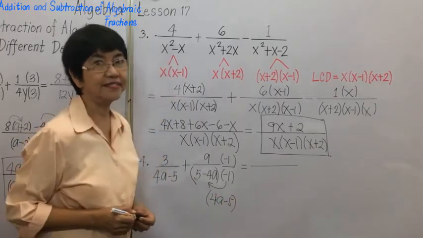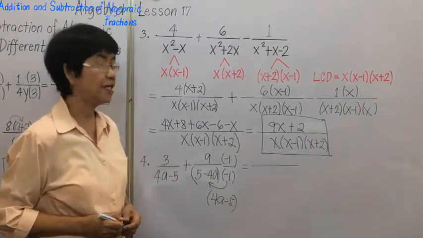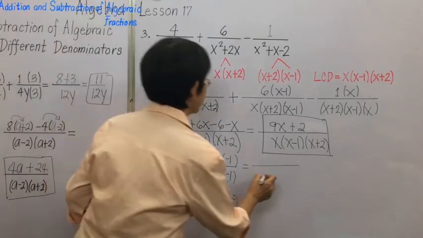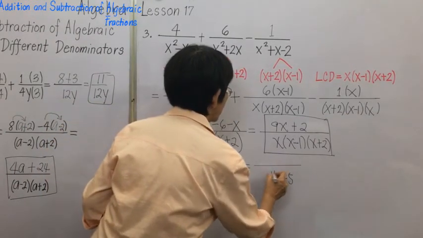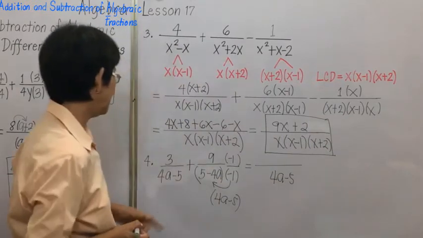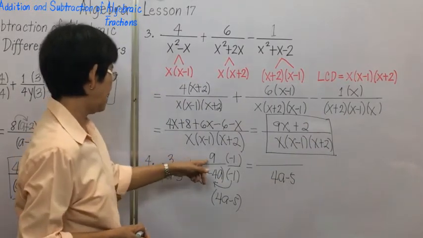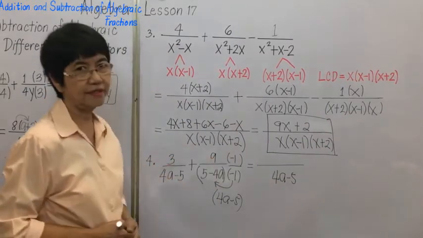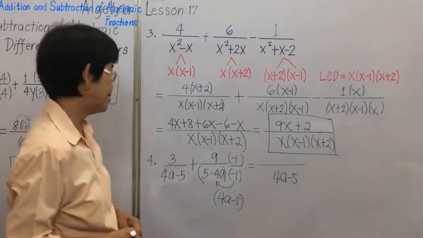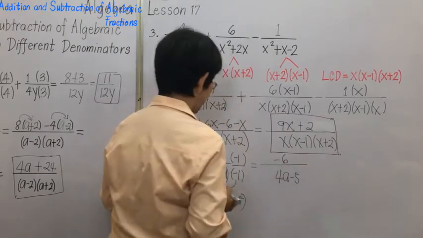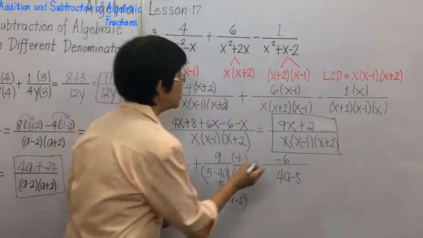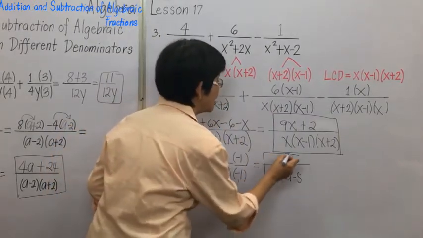Therefore, the LCD is 4a minus 5. And then we have 3 and negative 9. 3 minus 9 is equal to negative 6. And that is our final answer.